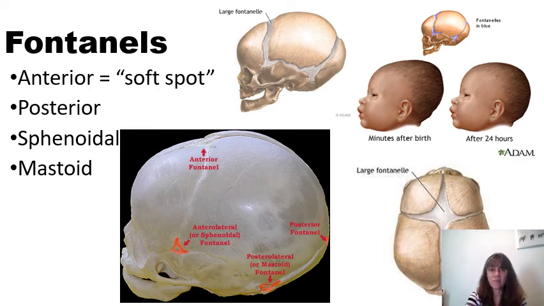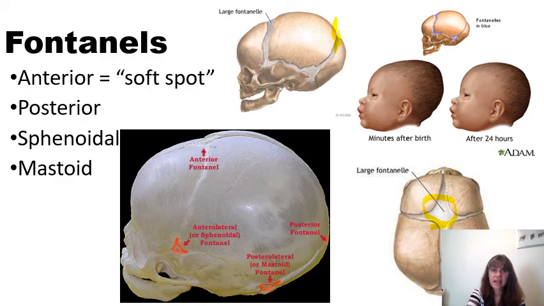The areas of membrane that have not yet ossified are referred to as fontanelles. Most people are familiar with the anterior fontanelle because that's the one found at the top of the head, which most people call the soft spot. So there are different fontanelles throughout the skull, including the anterior fontanelle. There's also a posterior fontanelle.